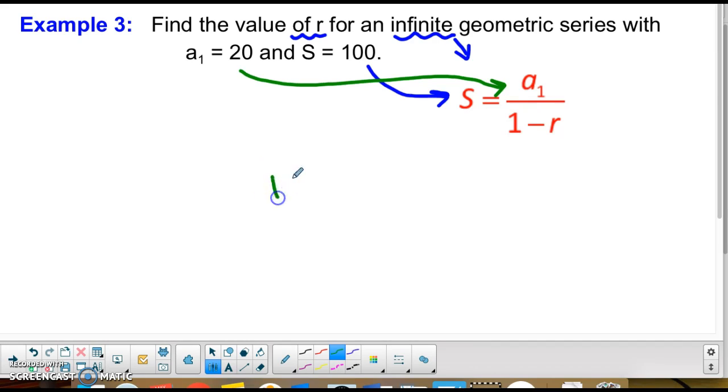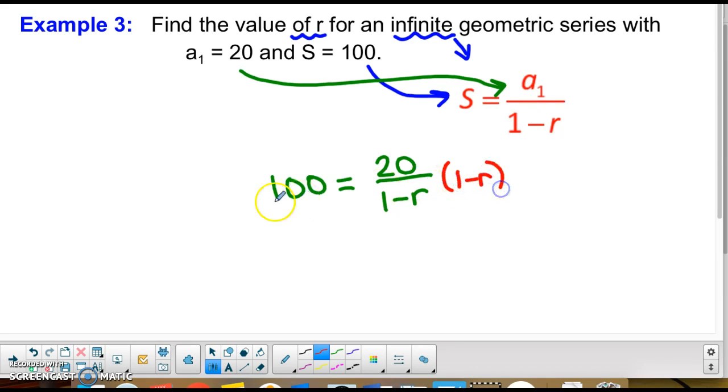So we get 100 is the sum equals 20, which is the A1, divided by 1 minus R. If we want to solve that, we can go ahead and multiply both sides by 1 minus R. And that gives us 1 minus R times 100 equals 20.